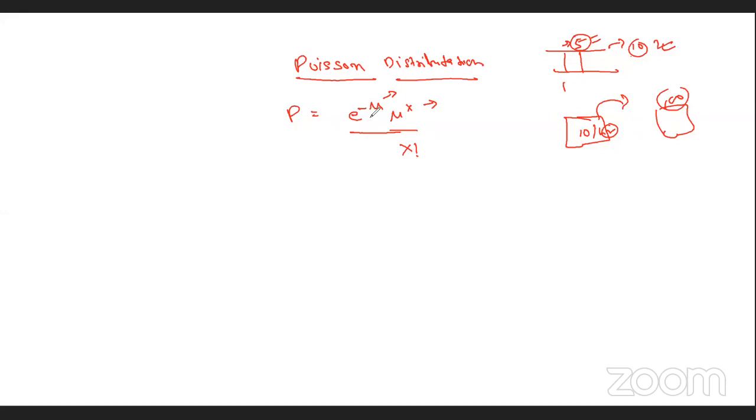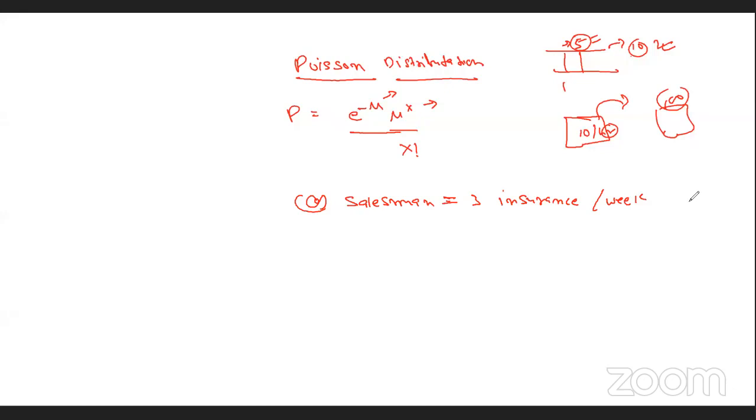Problem statement wise, let's suppose there is a salesman who used to sell insurance. There is a salesman who used to sell three insurance per week on an average.